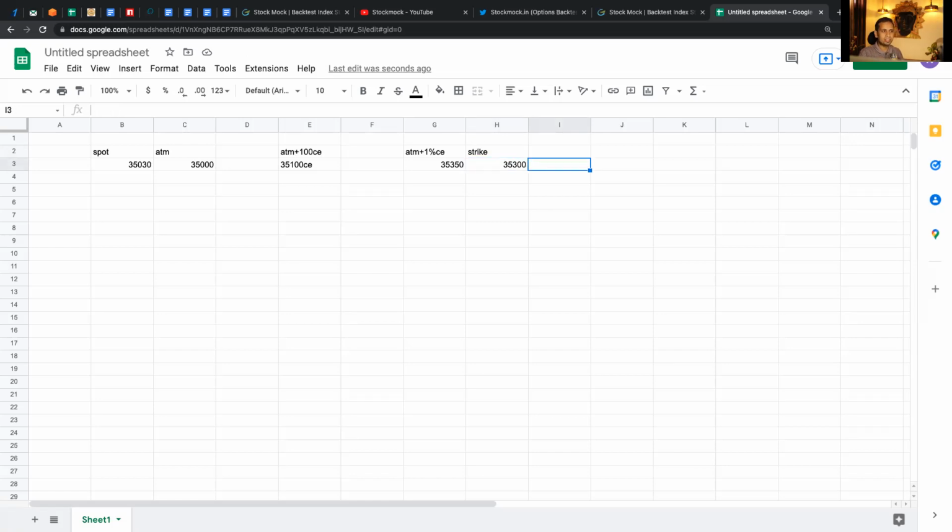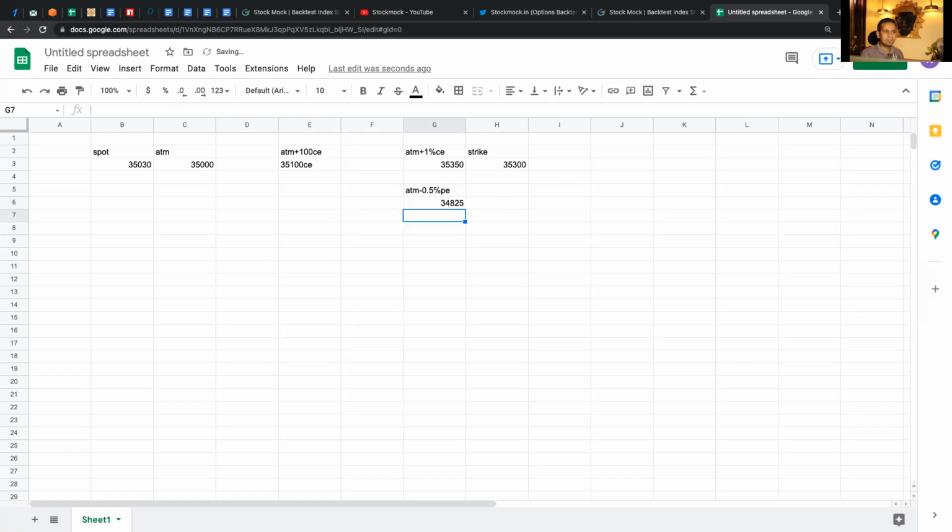Okay, so let's take another example. Let's say somebody says ATM plus 0.5% call they want to choose. Or let's say we choose the put, ATM minus 0.5% put. Then what do they mean by that? They want 35,000, the ATM, minus 0.5% of the ATM, which means 35,000 into, what's the 0.5% here? 0.005.